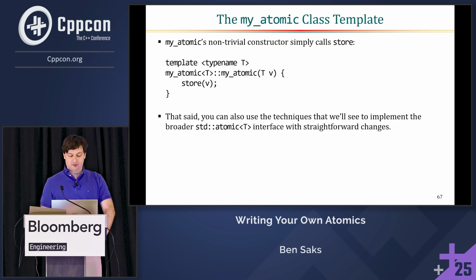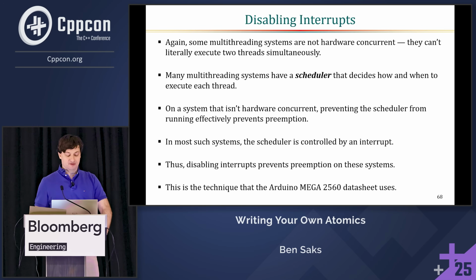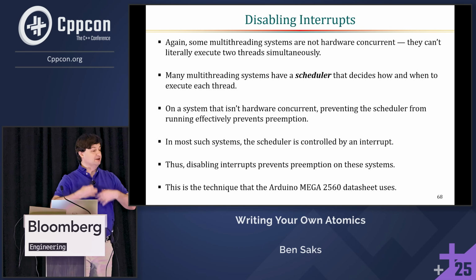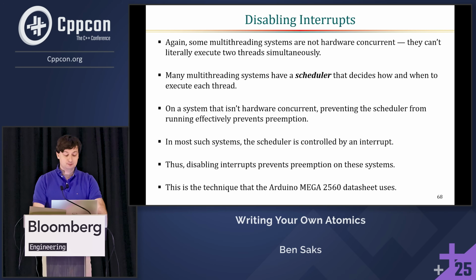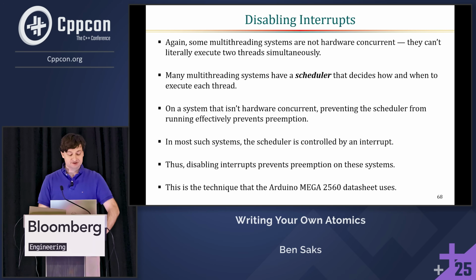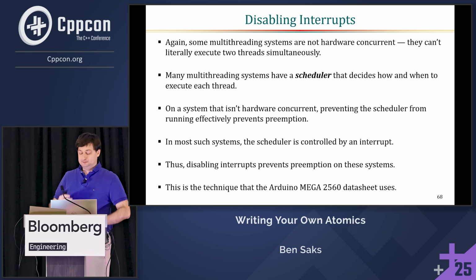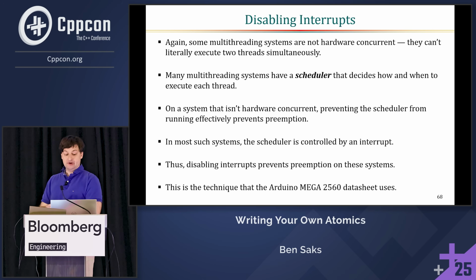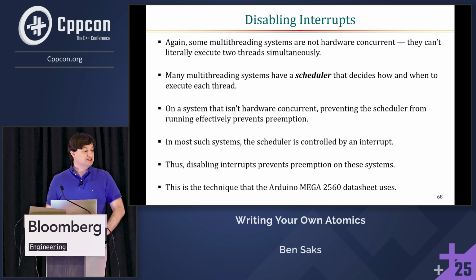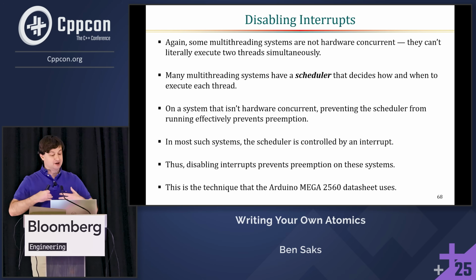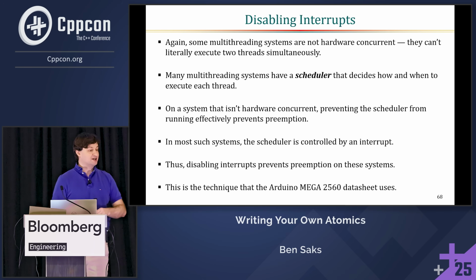The techniques that we're going to use here could be used to implement the wider std::atomic interface without too much additional difficulty. So what are some ways that we could do this? Well, again, some multi-threaded systems are not hardware concurrent. They don't actually run multiple operations at the same time.